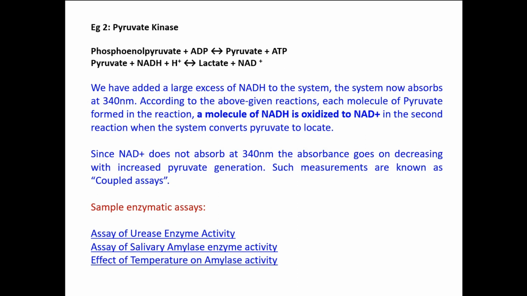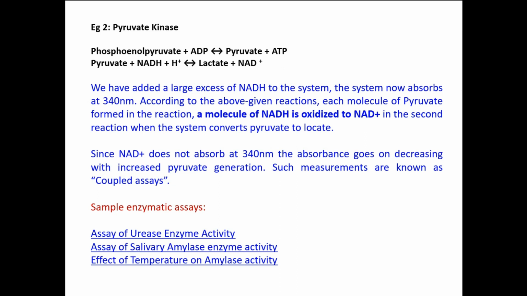So 1.5 will become, after 10 seconds, 1.3, then 1.1, 0.9, 0.7, 0.6, 0.5, something like that. So there is a decrease in the optical density.